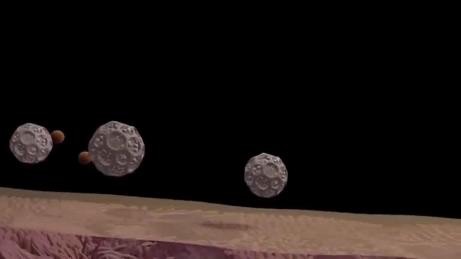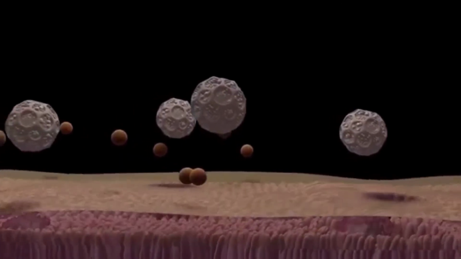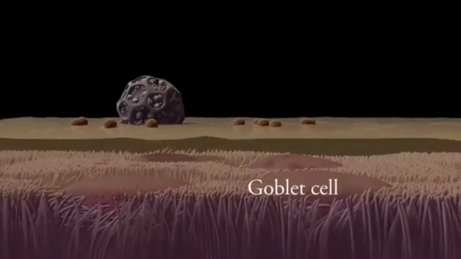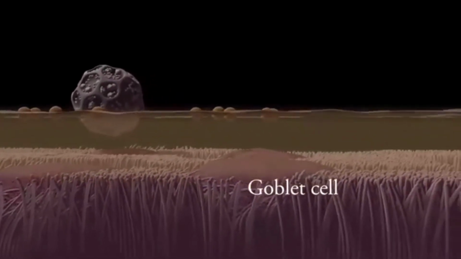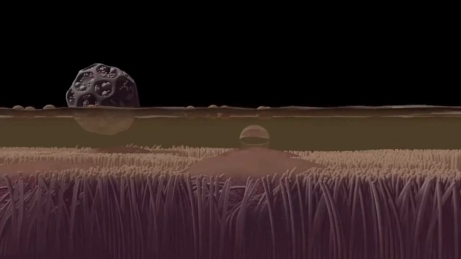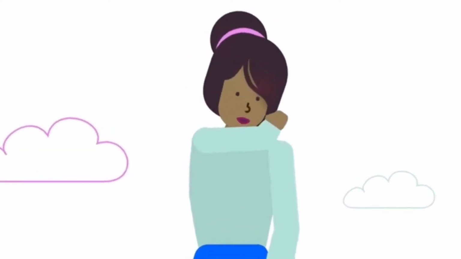Hair-like cells called cilia, as well as goblet cells, can be found in the lining of the respiratory epithelium. Goblet cells secrete a viscous mucus that forms a layer to trap foreign materials. Cilia then move the mucus up and out of the lungs along with the foreign objects, where it can be expelled by coughing or swallowing.